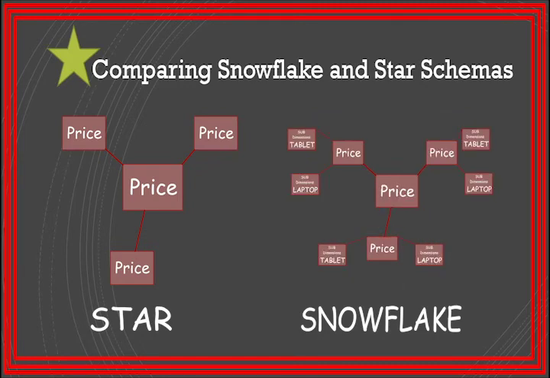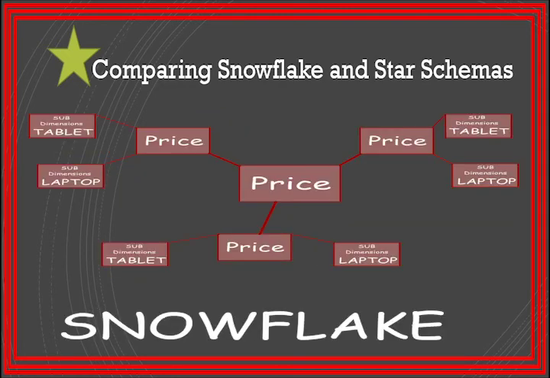Also, the star may have repetitions, unlike the snowflake that has more data to pick from, so less chance of any repeating. For example, price, key, price.